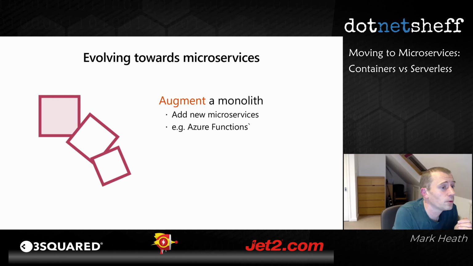And this is actually one area where Azure Functions can really shine, because what you can do is, if you've got, say, a new feature that can be implemented asynchronously, you could, from your monolith, just pop a message onto a queue and then create an Azure function that listens to that queue and does the new functionality.